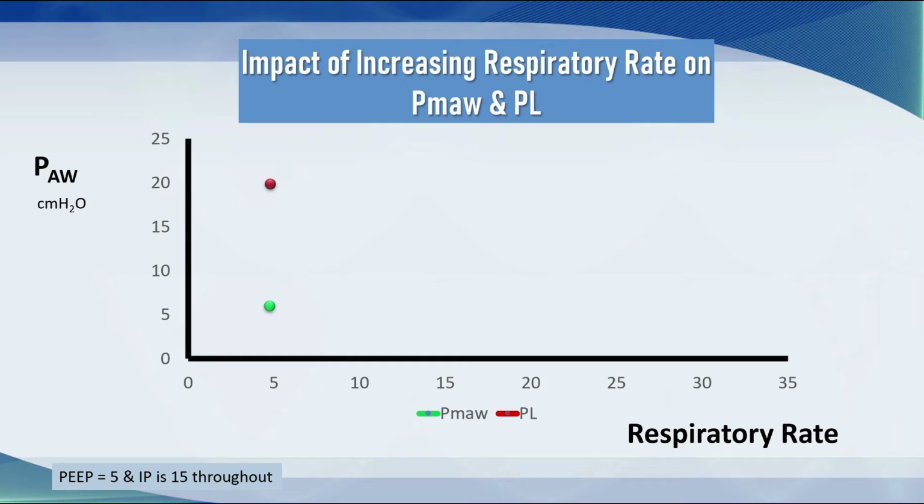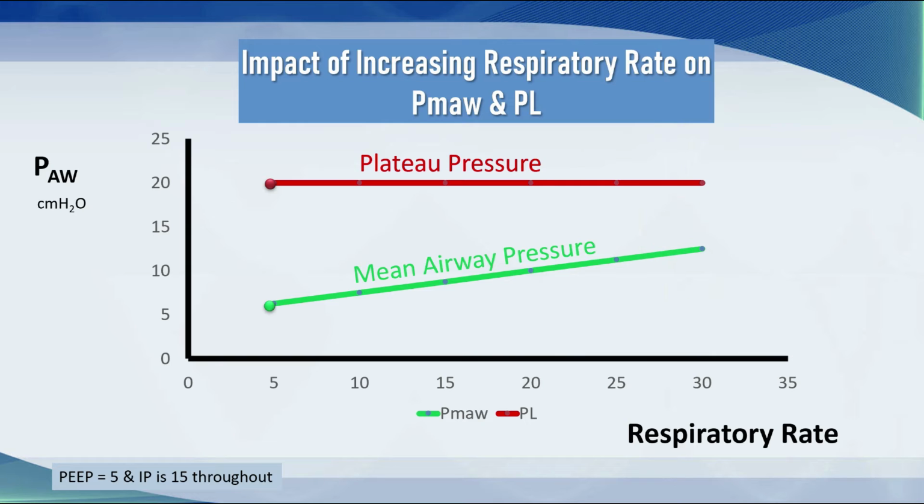Now we're going to lock the PEEP at 5 centimeters of water and the inspiratory pressure at 15, and we're going to vary the respiratory rate. Let's see what happens. Wow, this is really interesting because assuming that there's no Auto-PEEP, the plateau pressure does not increase at all, but the mean airway pressure rises progressively.